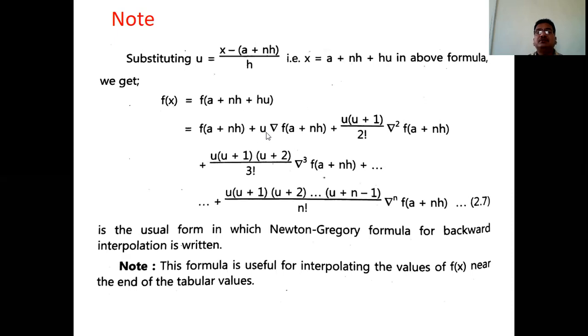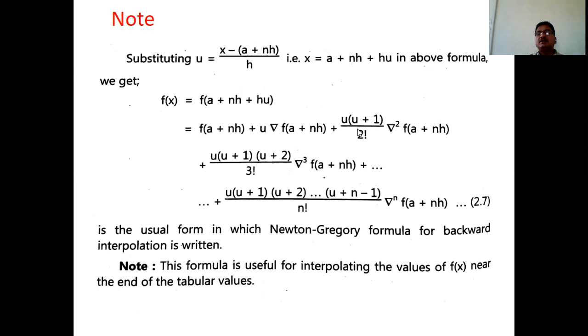Plus u del f of a plus nh. So in the Newton forward interpolation formula, there is delta f of a. Instead of this delta, here there is del, and f of a plus nh, that is the value at the last point, del of f of a plus nh.